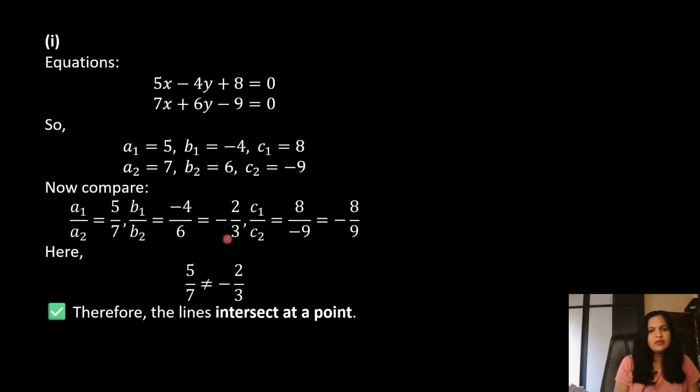Are they similar? No, all of them are different. Here 5 by 7, minus 2 by 3, minus 8 by 9. All of them are not equal. Therefore, the lines intersect at a point, because a1 by a2 and b1 by b2 are not equal.